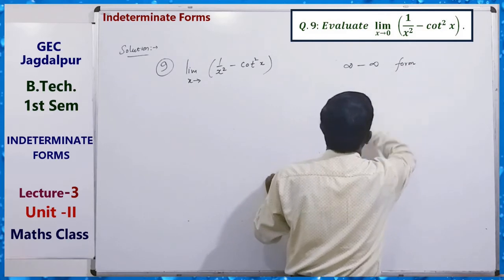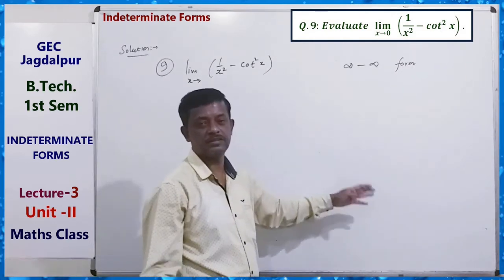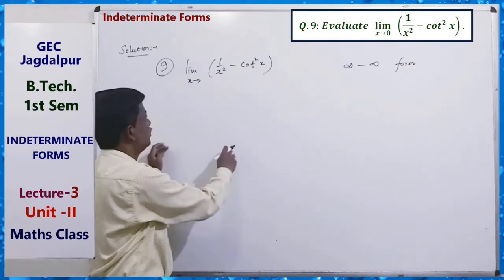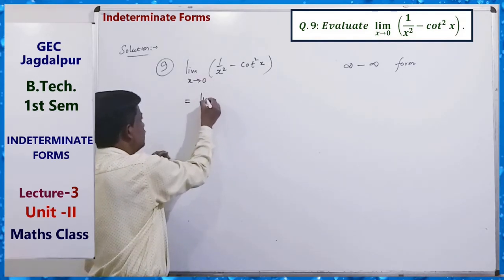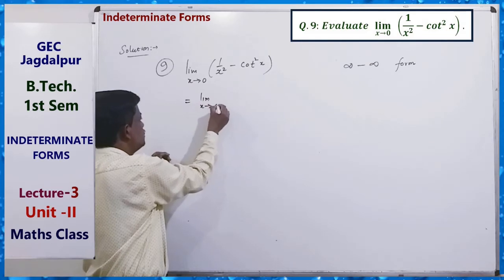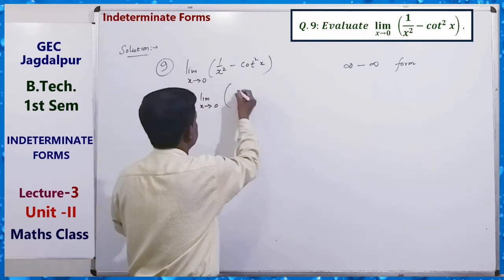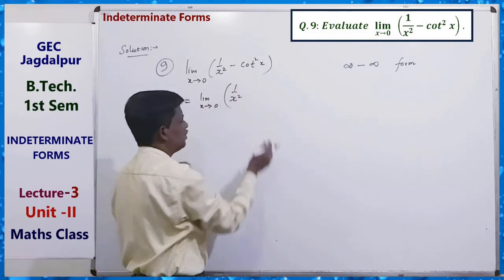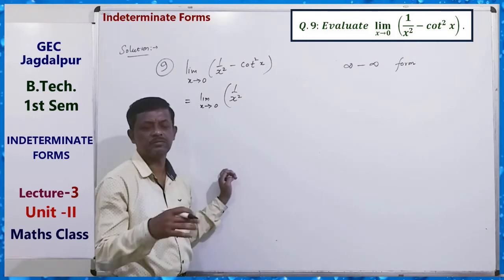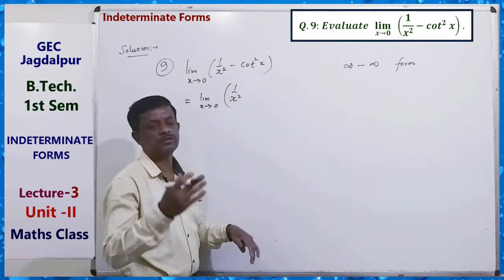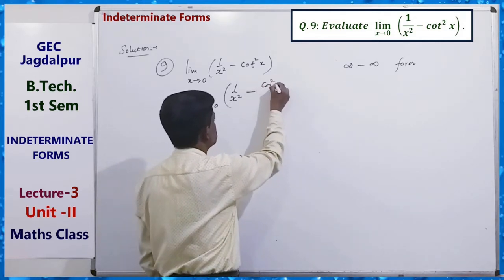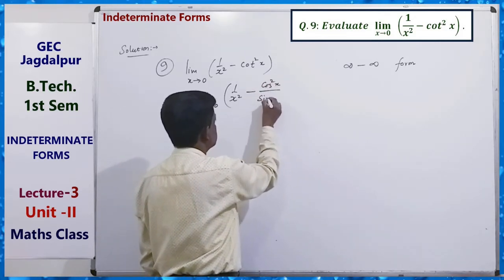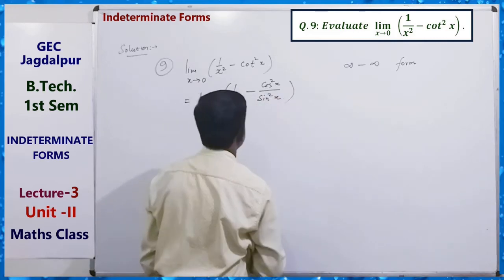then just do it together. Limit x tending to 0. What? First of all, if either tan x or cot x, then you can convert it as a fraction, cos by sin, sin by cos. So here we can write cos square x by sin square x.